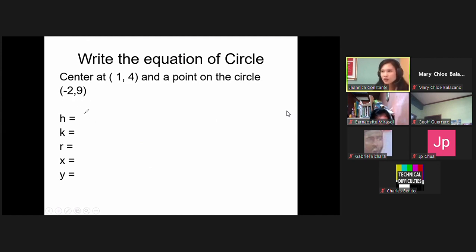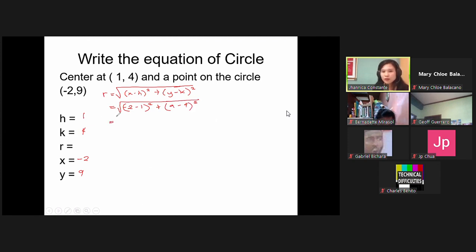So h is equal to +1, k is equal to +4, x is equal to -2, and y is equal to +9. So the radius is equal to the square root of (x minus h) squared plus (y minus k) squared. So we have (-2 minus 1) squared plus (9 minus 4) squared.